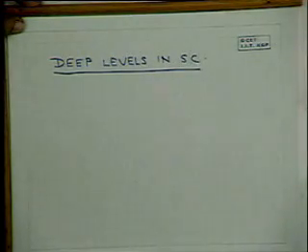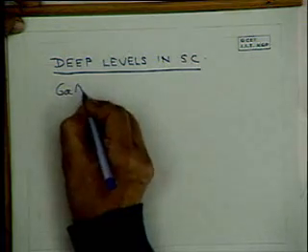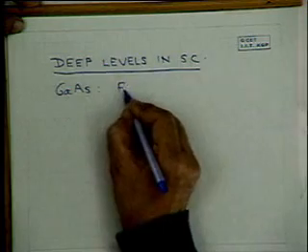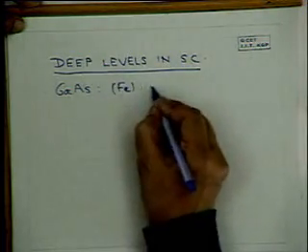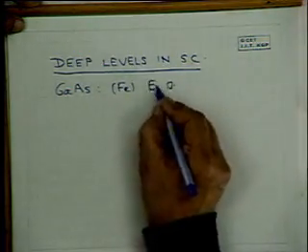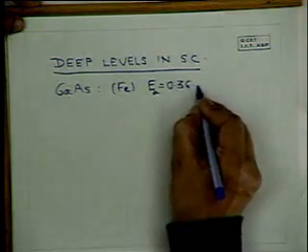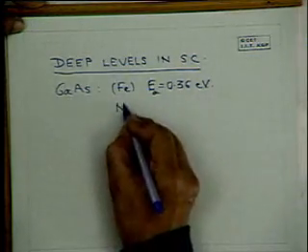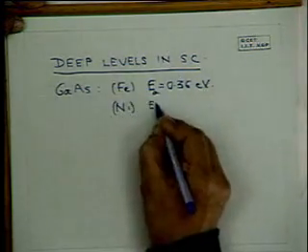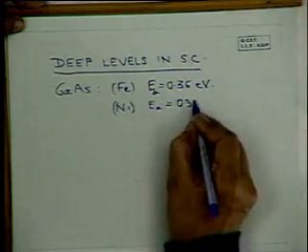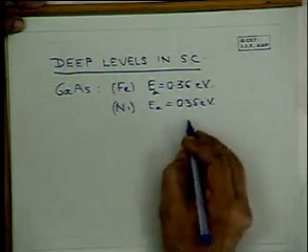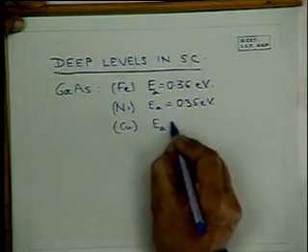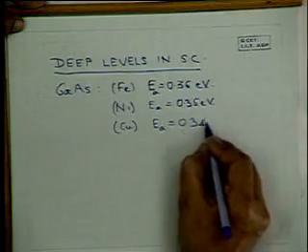For example, in gallium arsenide, iron gives a deep level at 0.36 eV. Nickel gives a level at 0.35 eV. Copper gives a level at 0.345 eV.